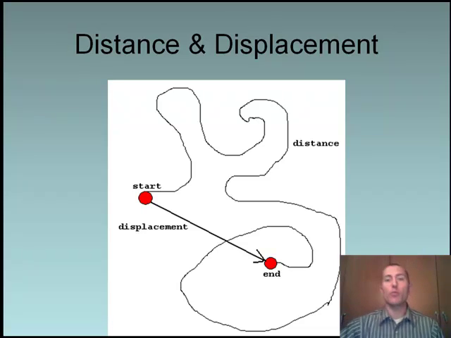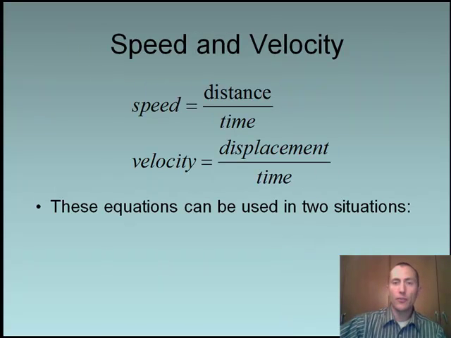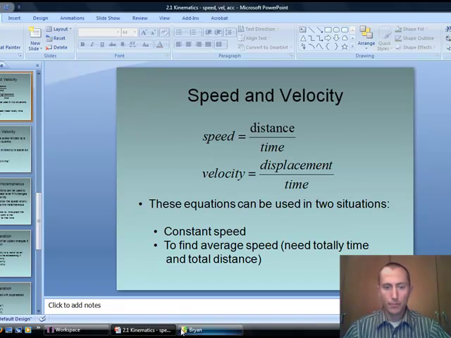And now this is going to feed into our next two quantities, which are speed and velocity. And similar to our previous two measurements, distance and displacement, speed and velocity are scalars and vectors also.